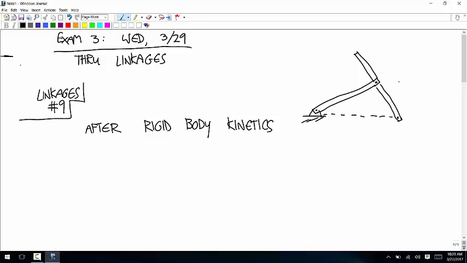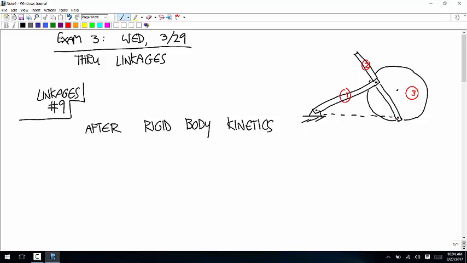And it's connected to a disc like that. So we'll call this member 1, 2, 3. They're pin joints, yes.